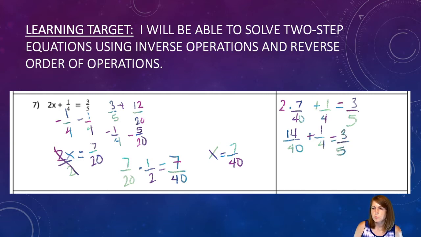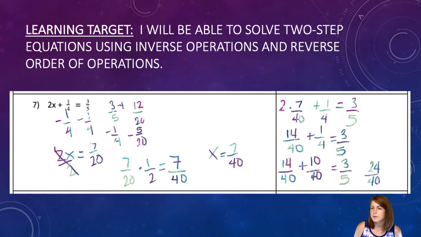I'm going to rewrite 1/4 with the denominator of 40 because I know 4 goes into 40 10 times. So that's going to be 10/40. And then when I add 14 plus 10, I get 24/40.